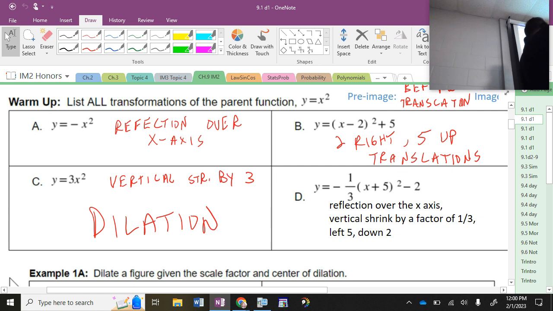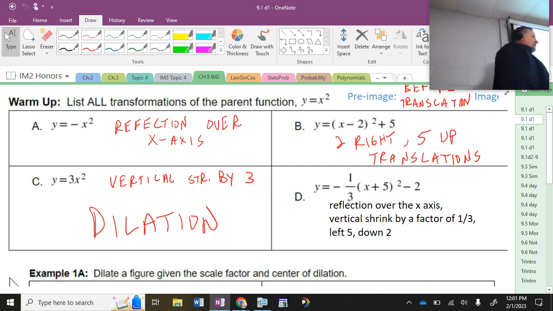It was supposed to be bell work. Hopefully you remember that a negative in front is a reflection over the x-axis. Just so you know, we've done these transformations before. Negative 2 is 2 right, plus 5 is 5 up. That's a parabola. We did a whole chapter on that. A 3 in front for letter C is called a dilation.